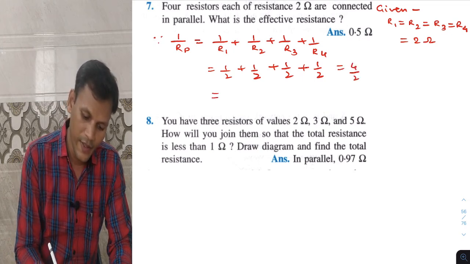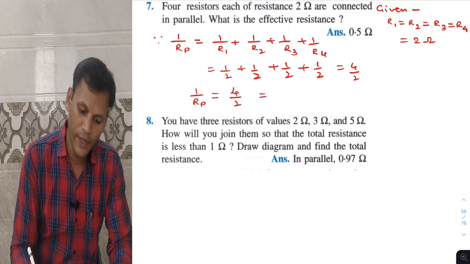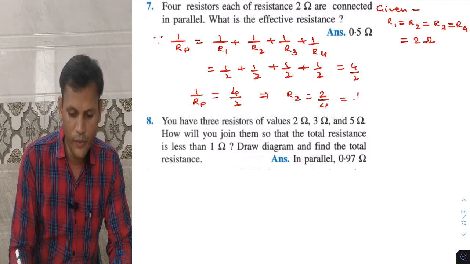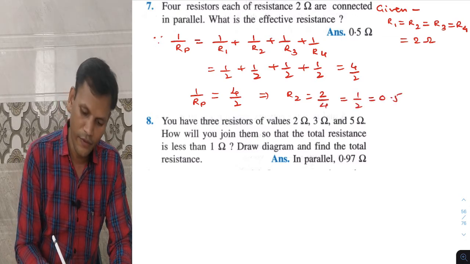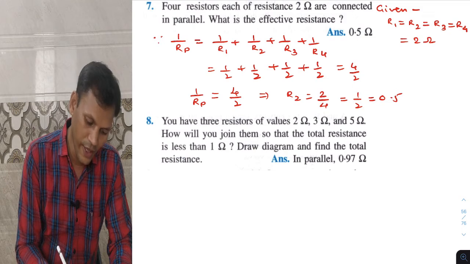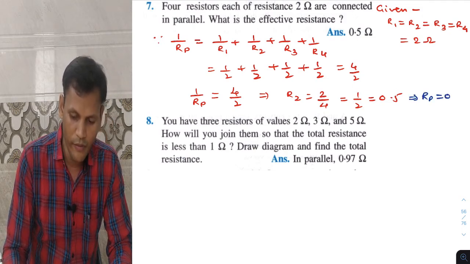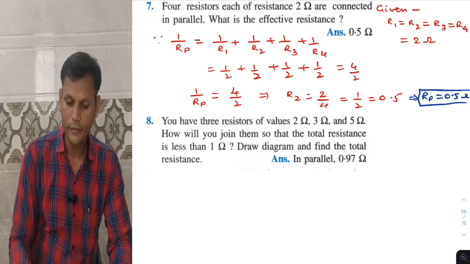So 1 upon Rp is 4 by 2, so Rp will be 2 by 4, which is 1 by 2, which is 0.5. So the final result is Rp becomes 0.5 ohm.